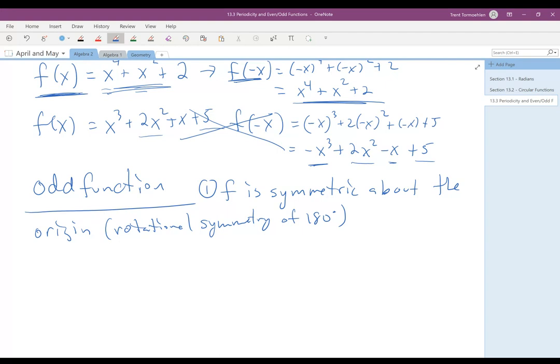What it really means is that if you take a point and rotate it all the way around, it's going to be the same. Graphically, if I've got a point right here at x comma y, and I rotate this 180 degrees, that point turns out to be negative x comma negative y.